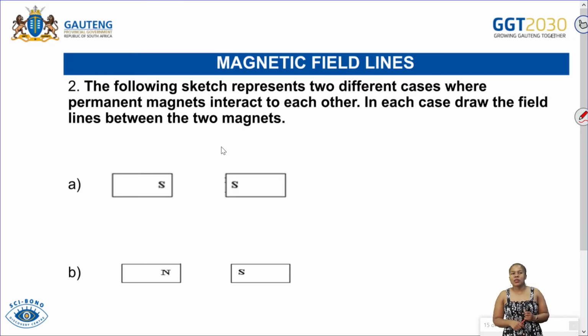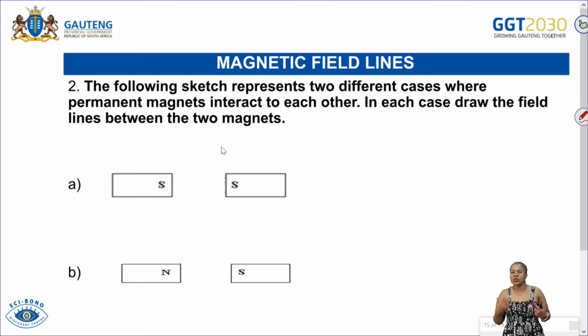Now, number 2 is saying the following sketch represents 2 different cases where the permanent magnets interact to each other. In each case, draw the field lines between the 2 magnets. So between the 2 pieces of magnet that are put in there, on the first one or the top one, you've got like poles, and like poles means that they are going to repel.